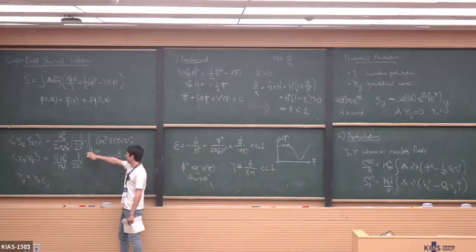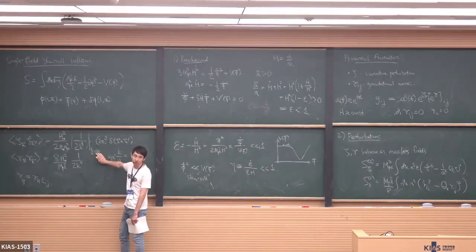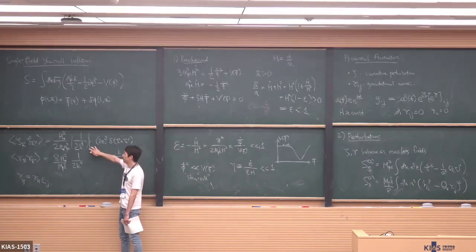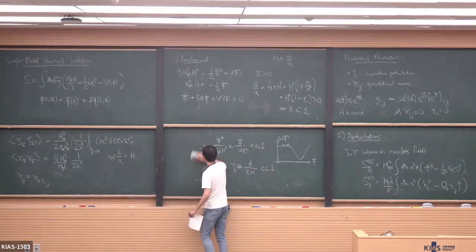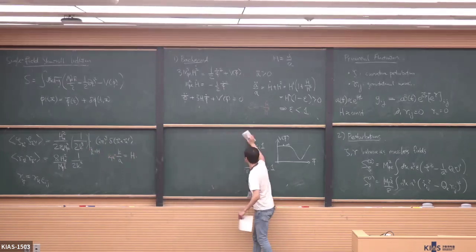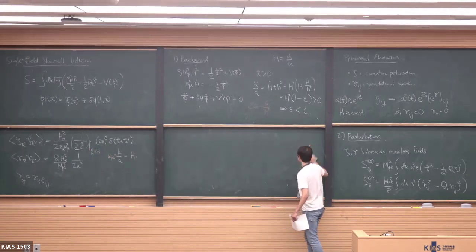Now, if this H was actually constant, then the spectra would be exactly scale invariant. To see this, we recall what we mean by scale invariance.